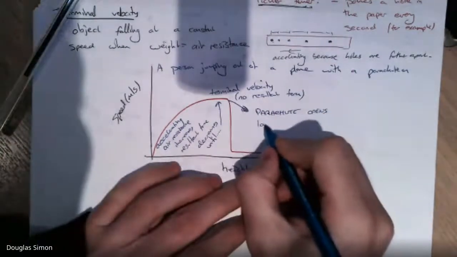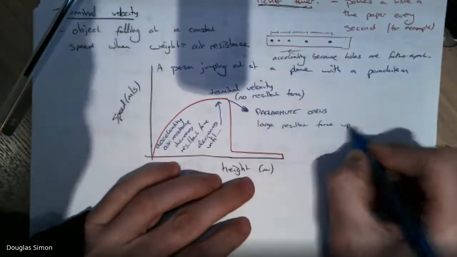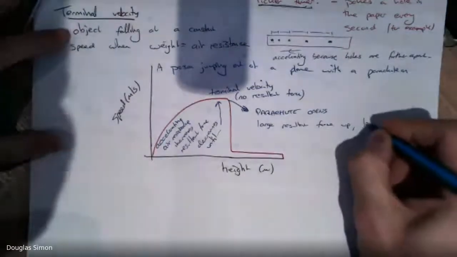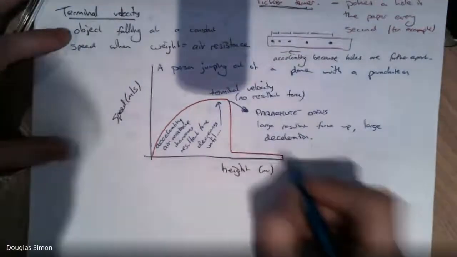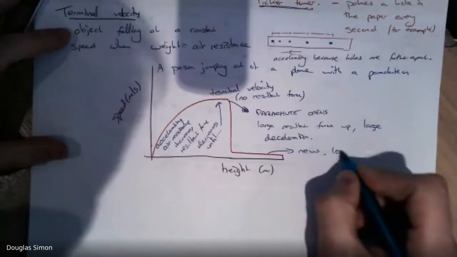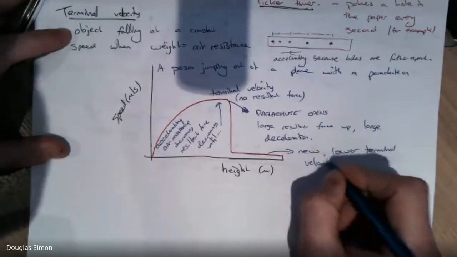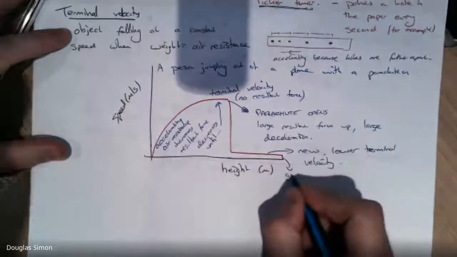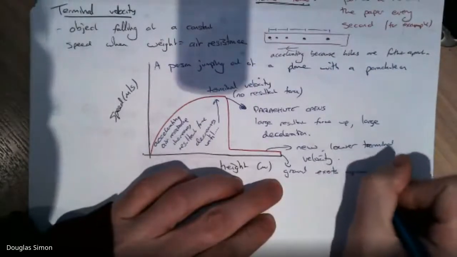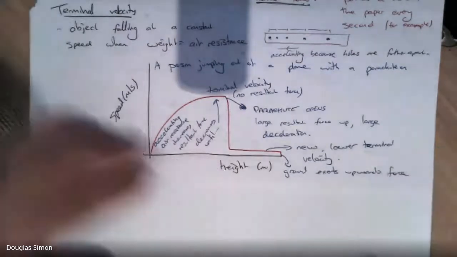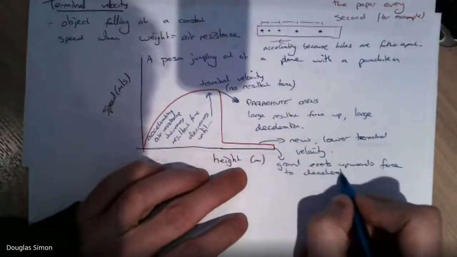Okay, and there is a large resultant force up. So there is a large deceleration. Okay, and then we've got a new lower terminal velocity, and then the ground exerts an upwards force to decelerate the person.